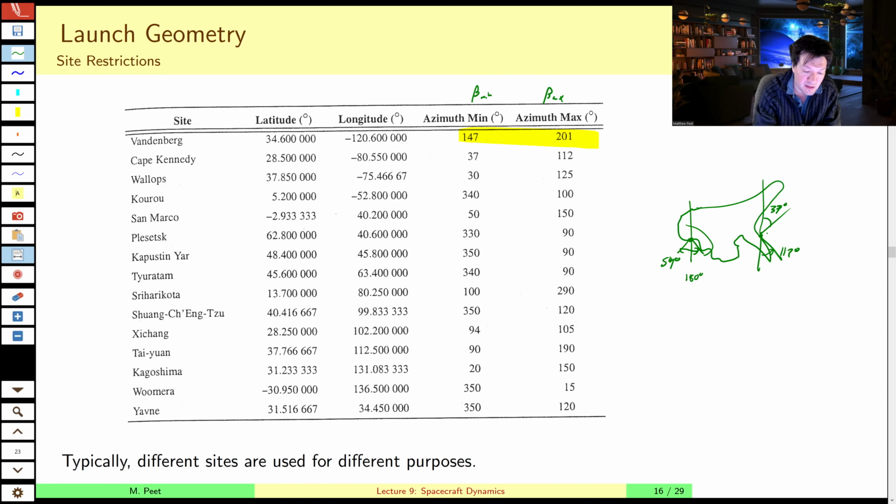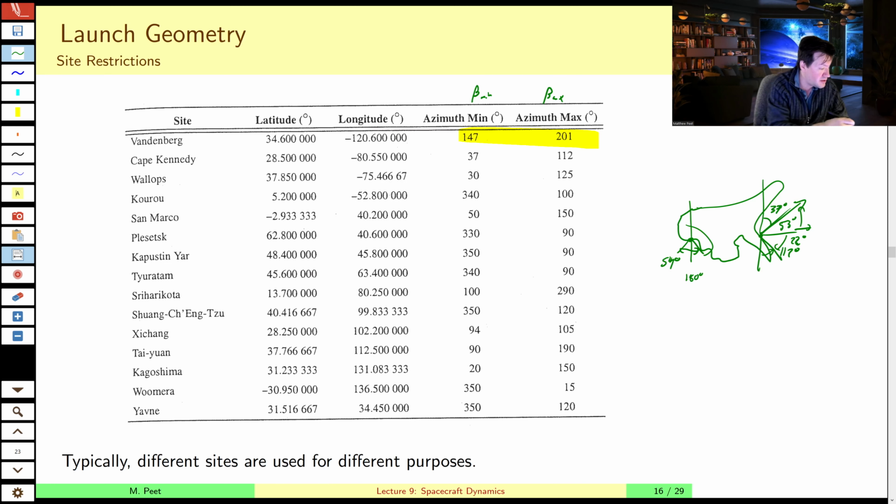So there's a range here of about 100 degrees for you to play with if you want to launch: about 53 degrees up from east, or about 22 degrees down. So not as much down, but we can go up by 53 degrees and down by 22 degrees. Typically we launch up, towards the north.